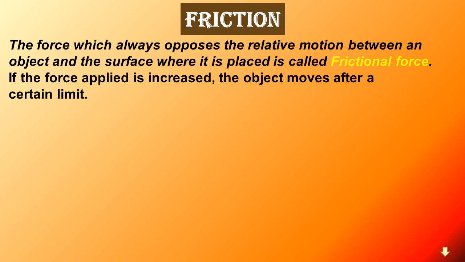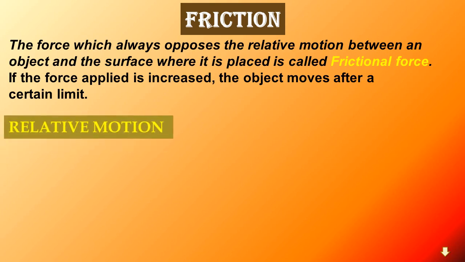So there is a limit for each and every frictional force. Due to this, the relative motion between the surface and the object is the main thing we have to count. So let's see what we mean by relative motion.